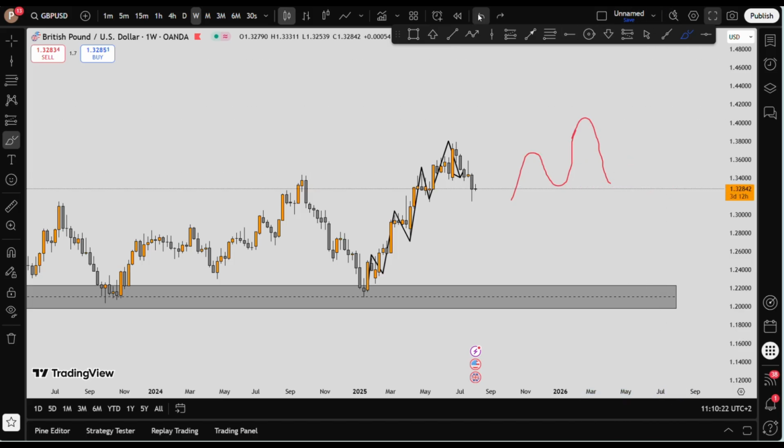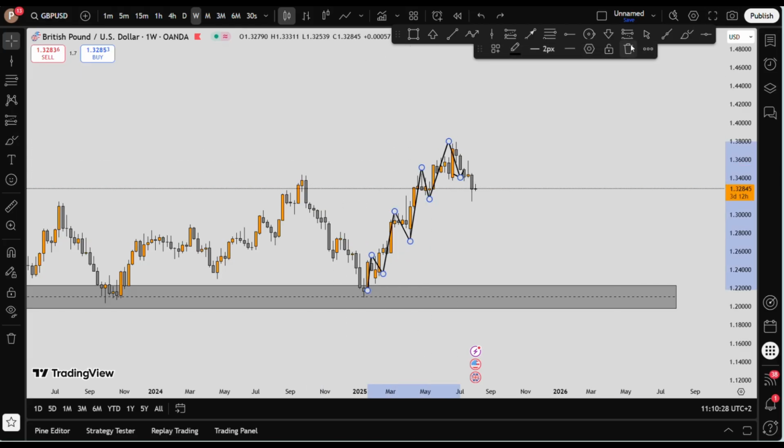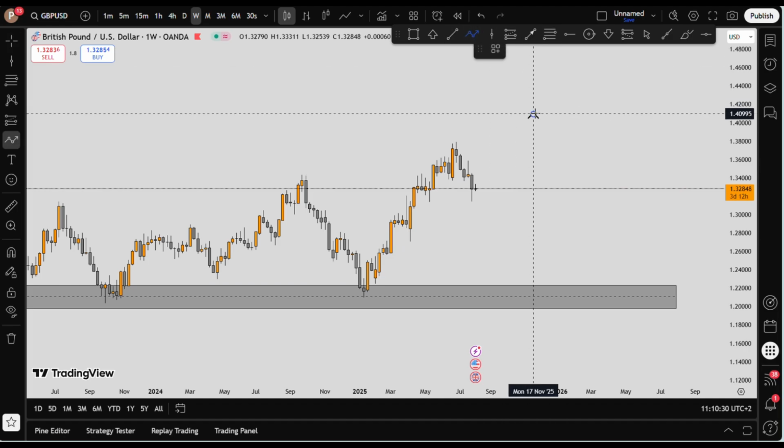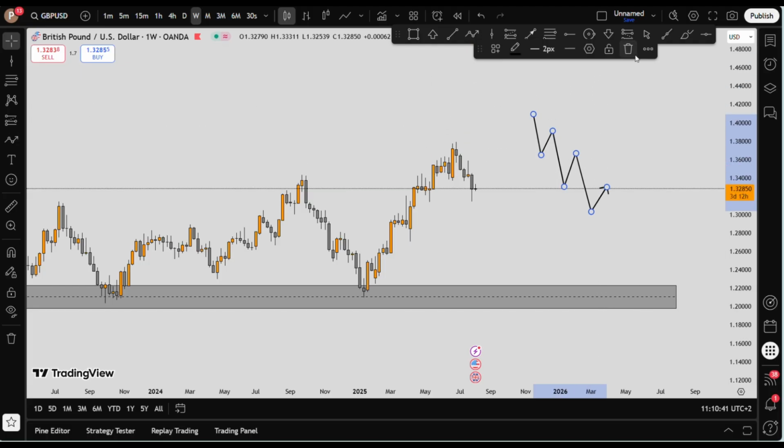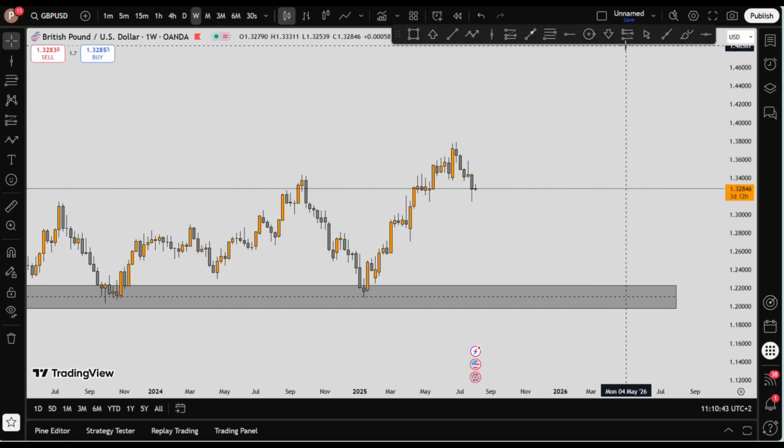And simply that means we are in a downtrend, meaning price now is going down, right? And it's doing the opposite: lower lows and lower highs. So lower low, lower high, lower low, lower high. In order for that to keep continuing, it needs to keep breaking lower lows and lower highs.